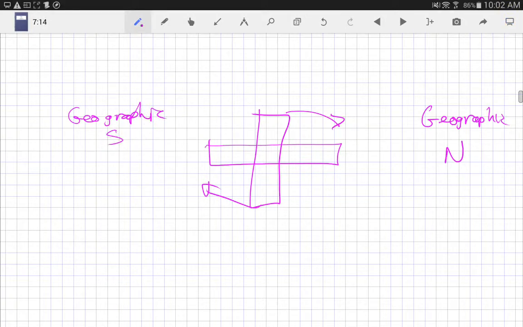And so people said, well, this is not rocket science. I'm going to call the side facing north, north, and the side facing south, south.